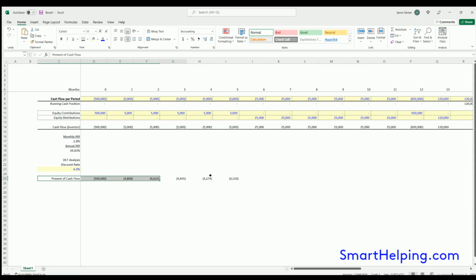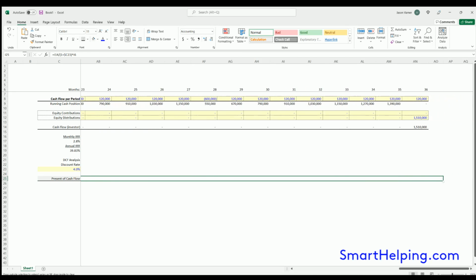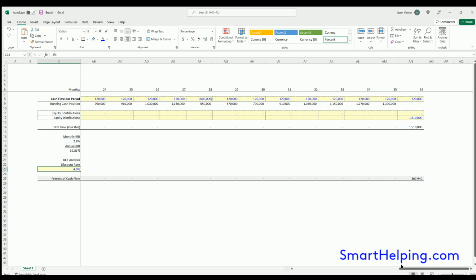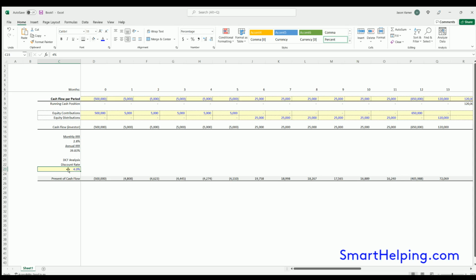And you can discount negative future cash flows. That's completely fine. And so we sum all this up here. Now remember, these are monthly. So this is not an annual discount. So this discount rate, you have to convert it again.